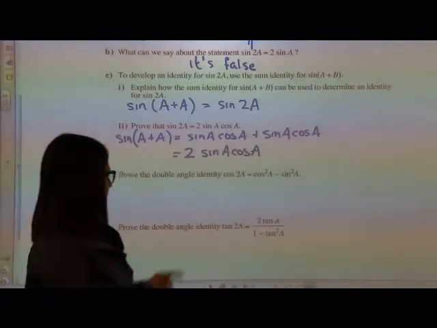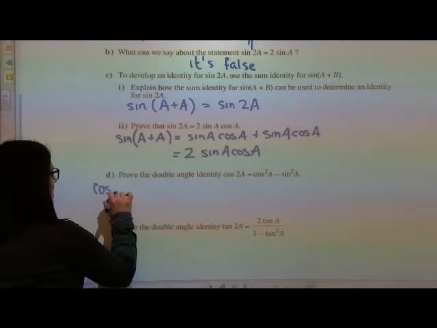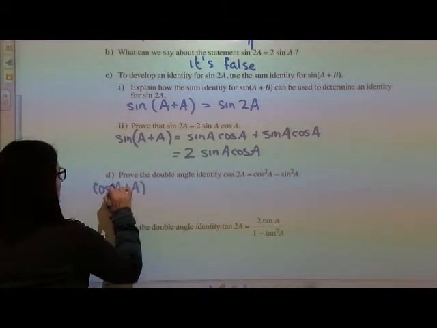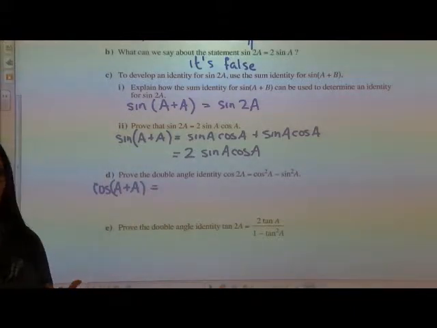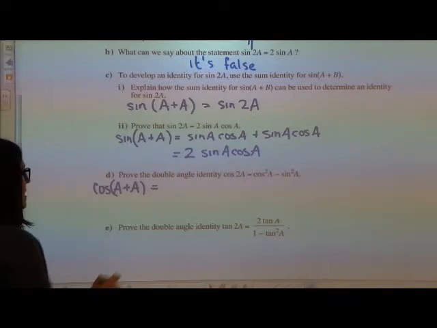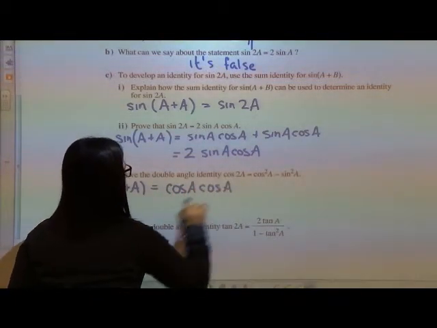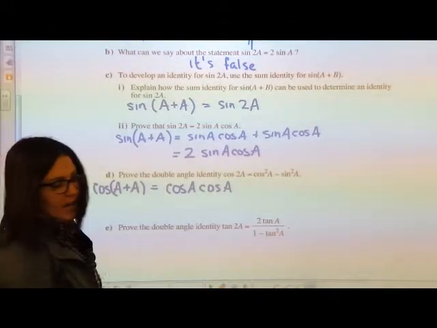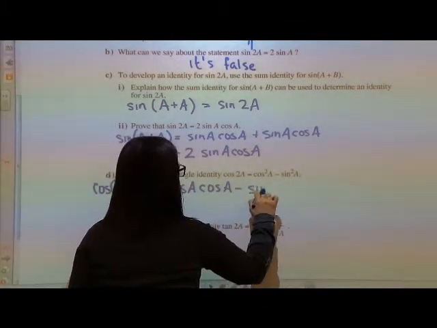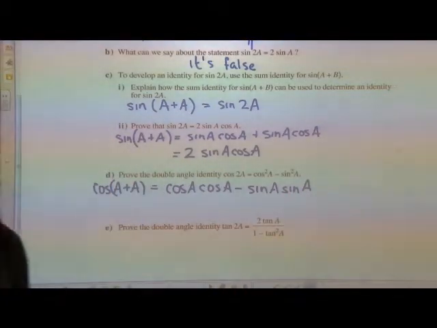So let's do the same thing for cos 2a. So cos 2a would be cos a plus a. So if we look up at the top, cos a plus b gives me cos a cos b. So this time it would be cos a cos a minus sine a sine a.